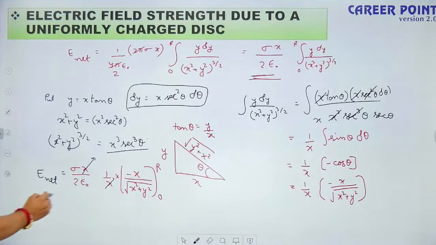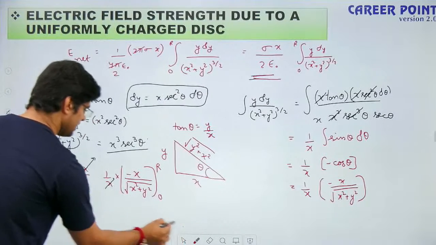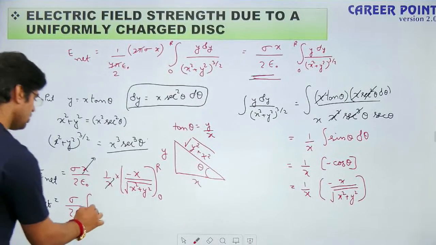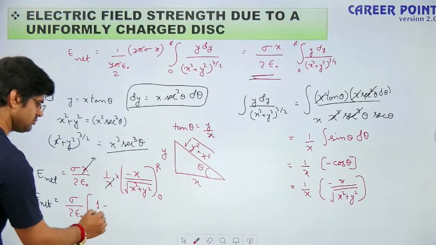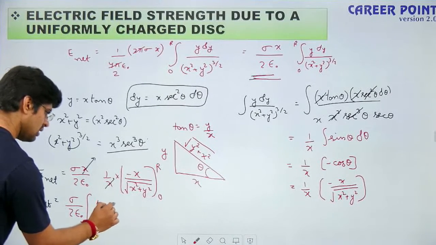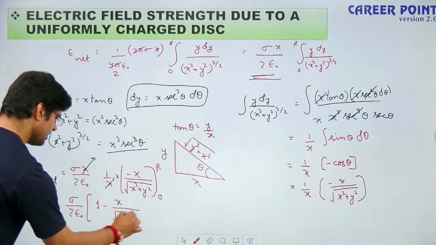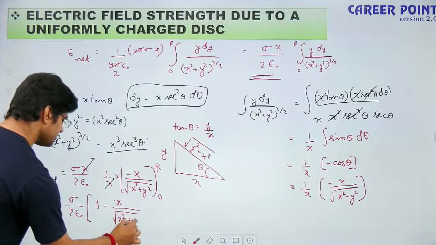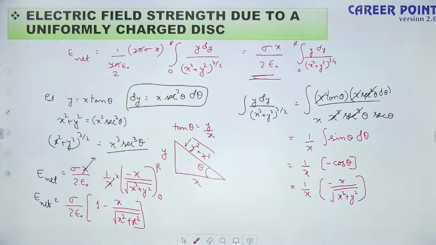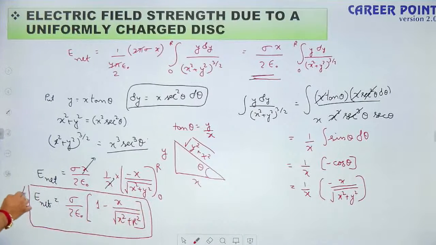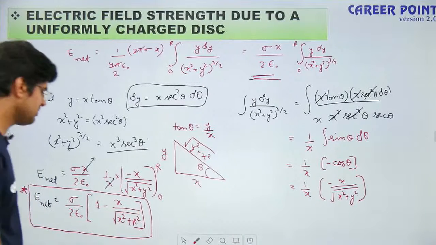If we cancel this, what will be remaining? E net is equals to sigma by 2 epsilon naught in bracket 1 minus x divided by under root x square plus r square. Is that clear? So that will be our answer for net electric field due to a disk at an axial point P.